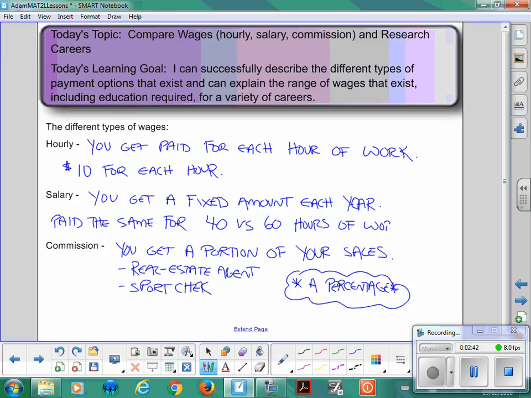A couple of examples with salary: teachers are on salary, accountants might be on salary, some business managers. So if you work in an office for a company, they might put you on salary.